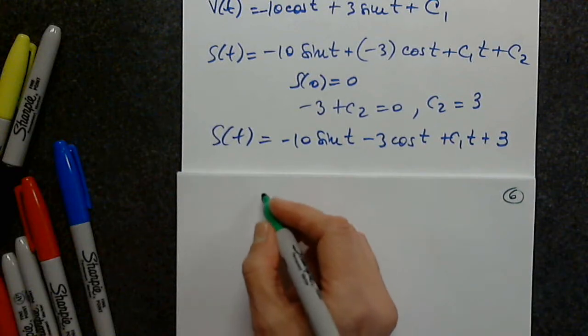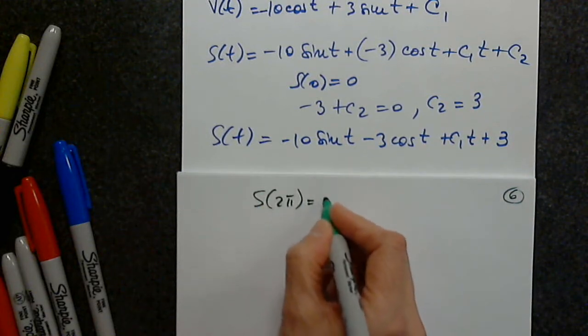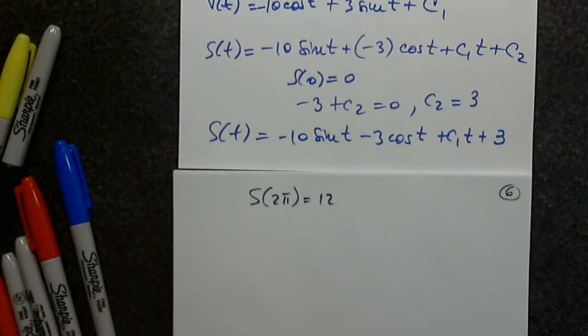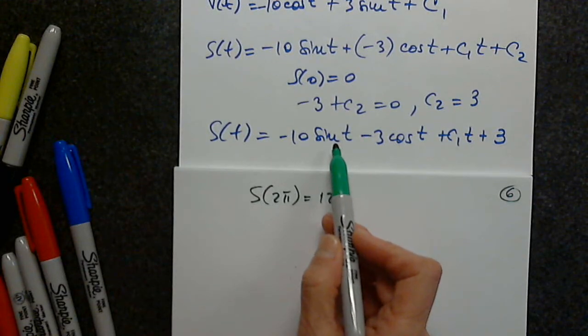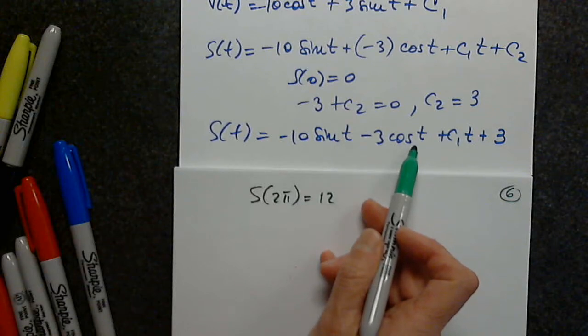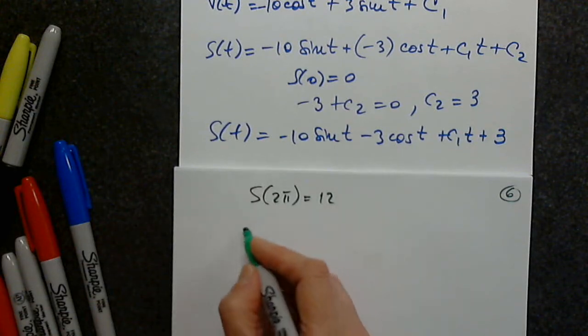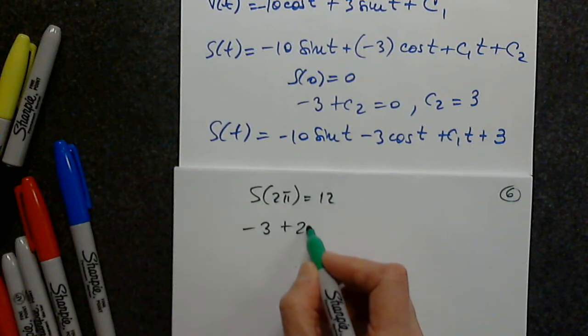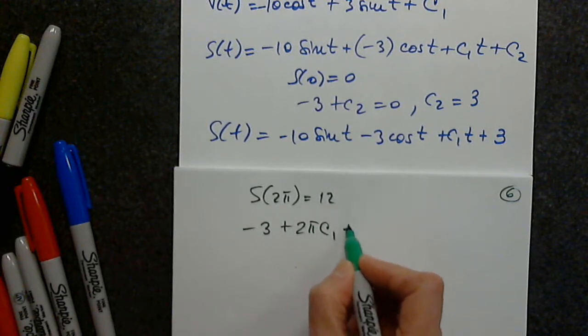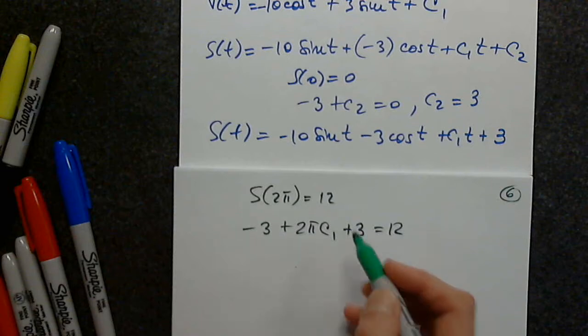But I have one more condition, s of 2 pi equals 12. So when I plug in 2 pi, sine is still 0, cosine gives -3, and plus 2 pi c1. So this is 2 pi c1 plus 3 equals 12. We did this problem together.